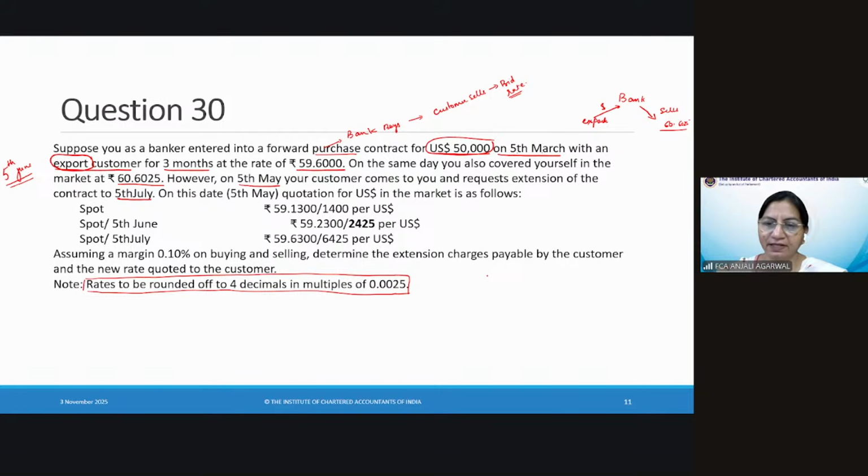So indirectly, he is coming 1 month prior to cancel, and extension is also demanded for after 1 month.